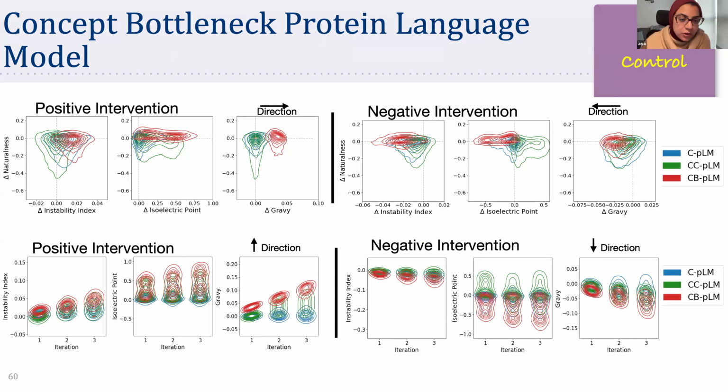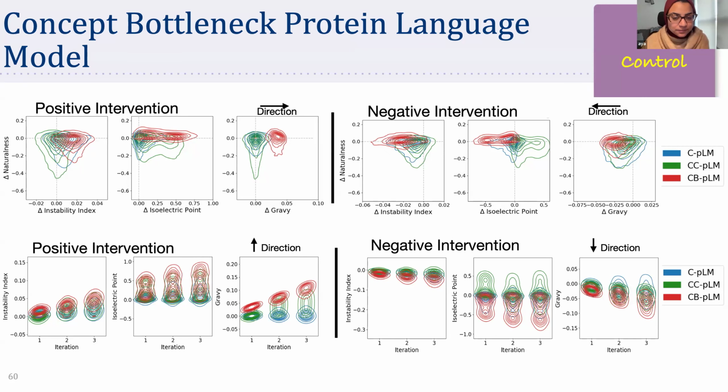Sorry, I should have said this. This is naturalness, so how natural the protein is. The goal is to shift to the right and the left without changing this y-axis, because this tells us how natural a protein is. And you can see that our model shifts the distribution right and left, but it does not affect the naturalness that much. And that's kind of what you want.